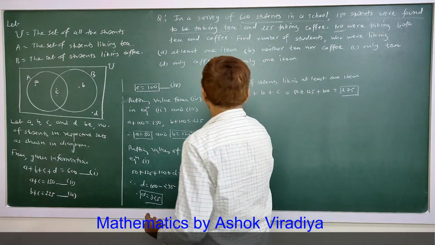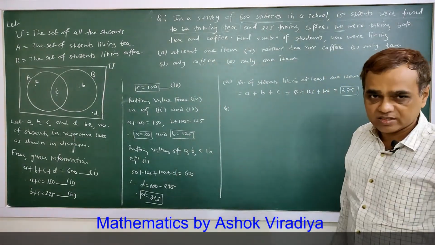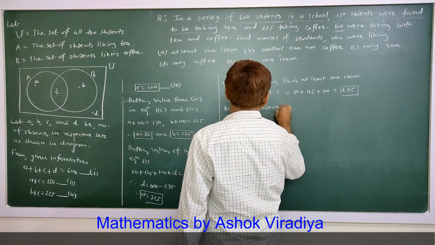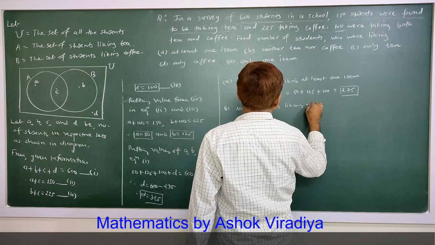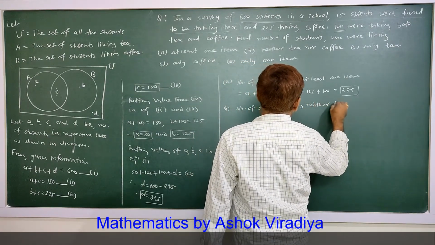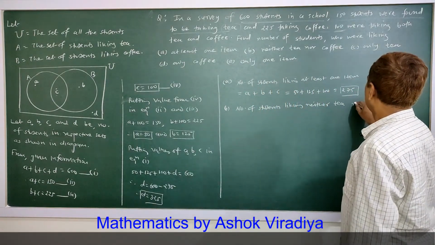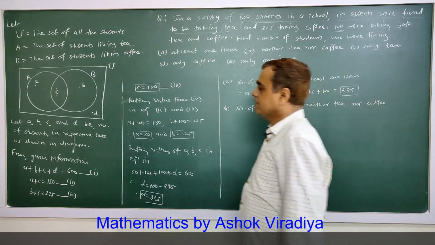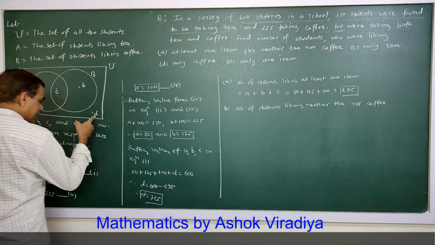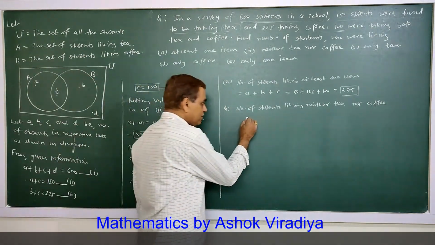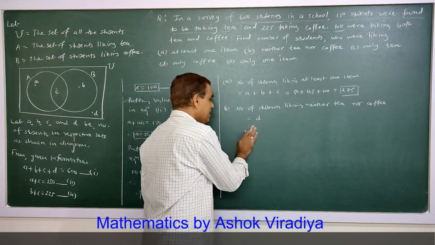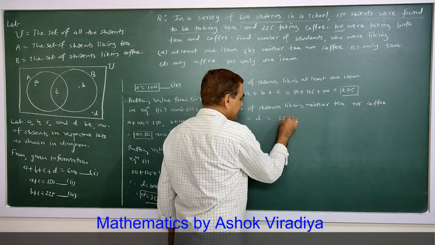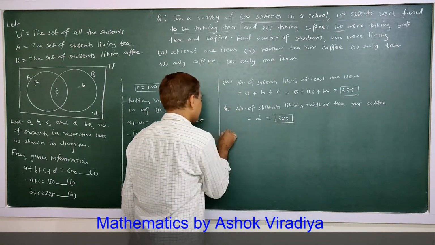Second, number of students liking neither tea nor coffee. That means it is D, and D is here 325. So 325 students like neither tea nor coffee.